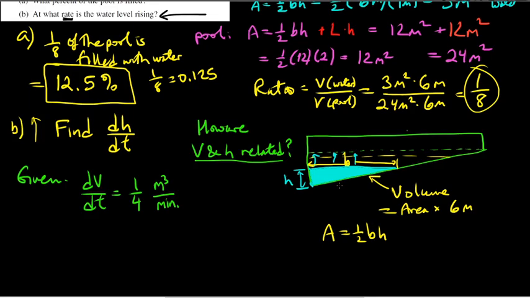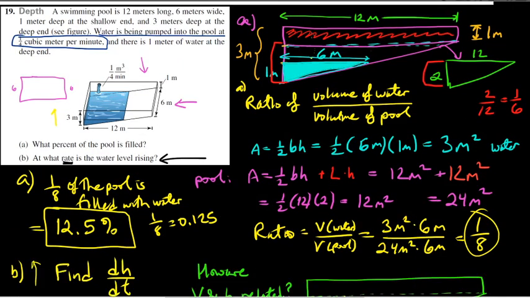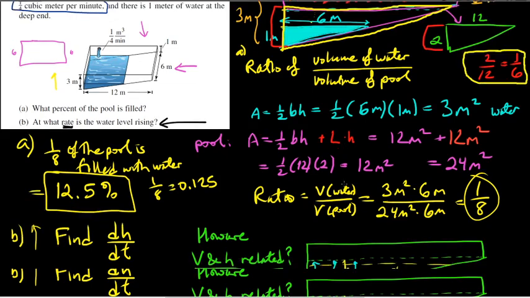On the other hand, what's the relationship between b and h? Remember, the two triangles, this triangle here and the blue triangle, are similar triangles. One is bigger than the other, but the ratio of the height and the length are the same: 2 to 12, or 1 to 6.